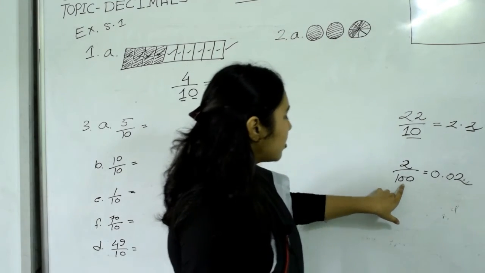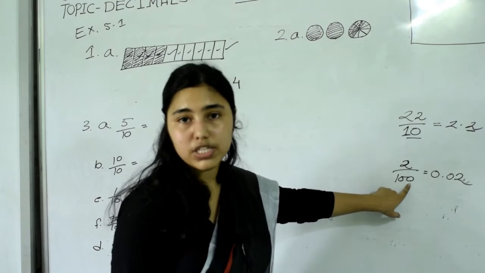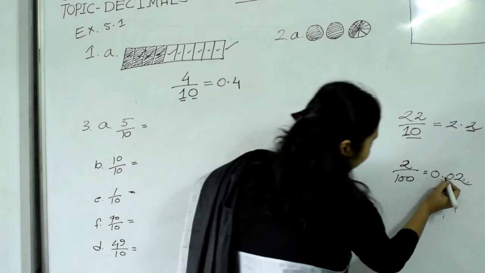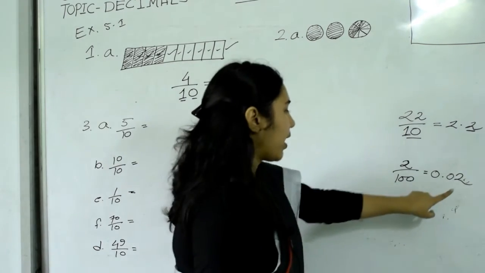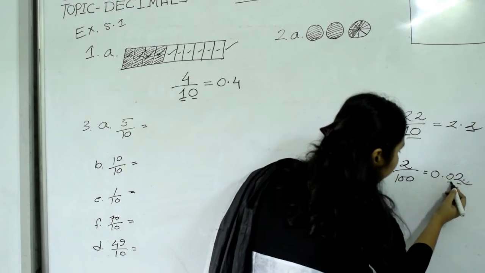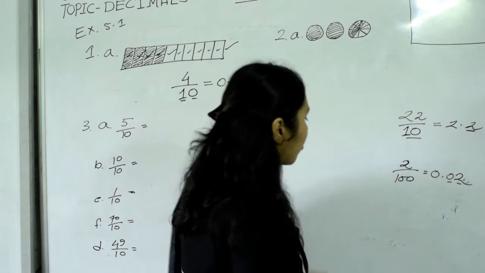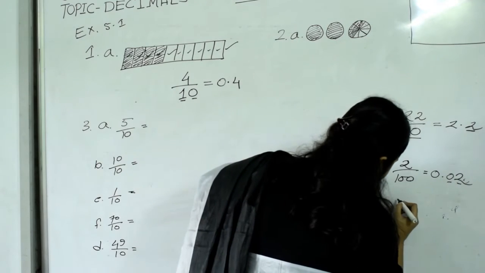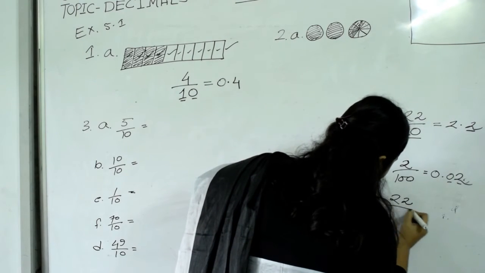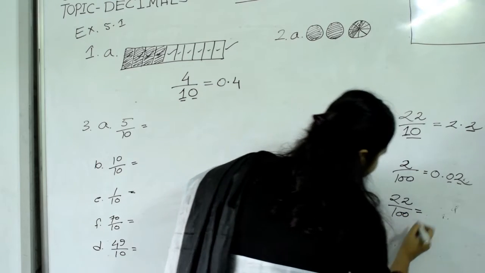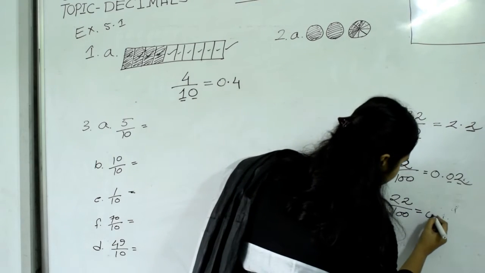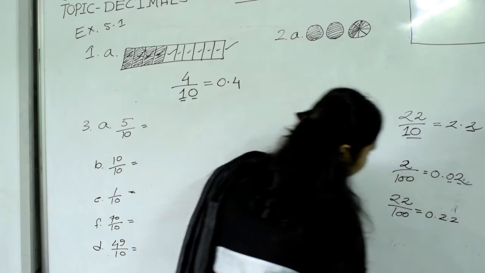Because here 1 is followed by 2 zeros, so place the decimal point at 2 decimal places. Okay? Similarly, if we divide 22 by 100, we will write it as 0.22.